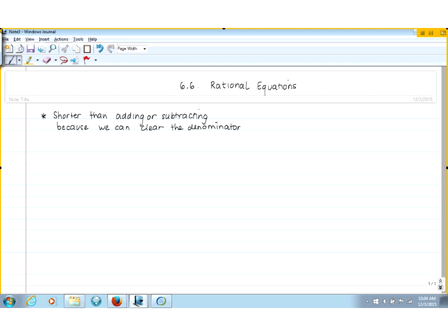Okay? But if I have an equation, I could clear the denominator. So to give you an example, suppose I have 10 over x squared minus 25 minus 1 over x minus 5 is equal to 3 over x plus 5.